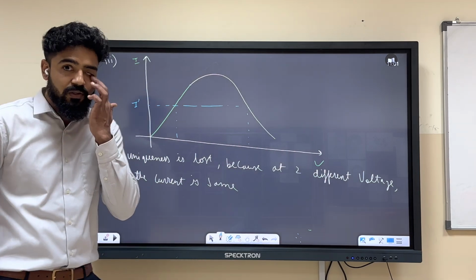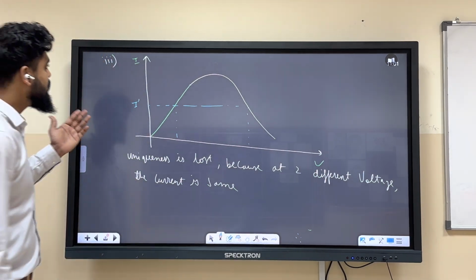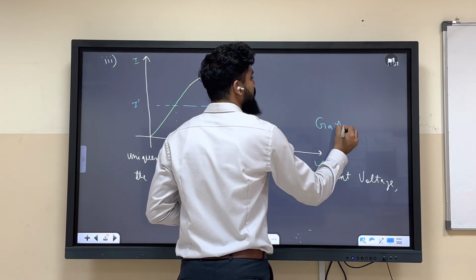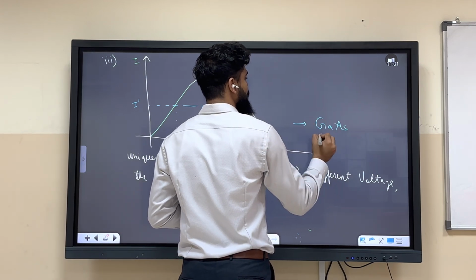Are you getting it? This uniqueness is lost, and this generally happens in gallium arsenide compound.